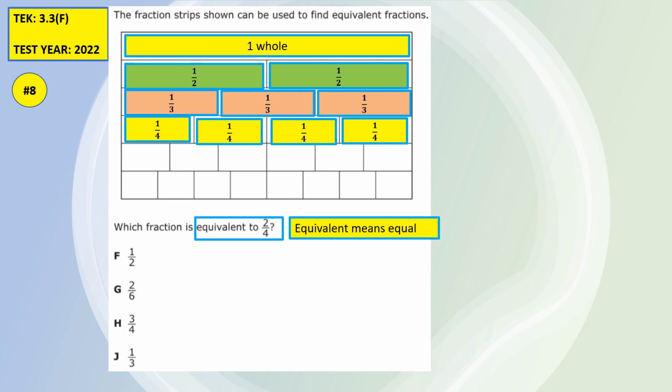Let's look at the fifth row. The fifth row is actually not divided into 5 sections. If you look at it, it's divided into 6 sections, which means that this row is in sixths. 1/6, 2/6, 3/6, 4/6, 5/6, 6/6. A tongue twister there, for me anyway.